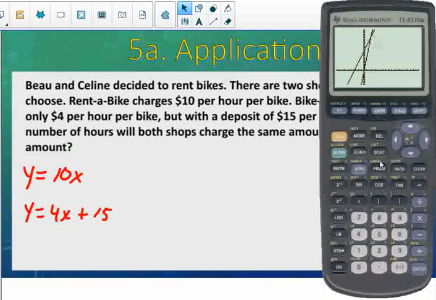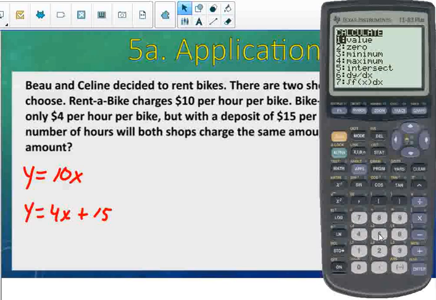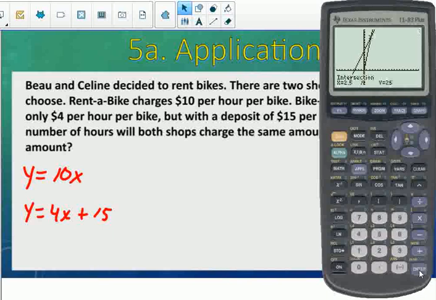There you can see where they cross. So hit second, hit trace, number 5. Enter once, hit enter a second time, hit enter a third time. And it tells you 2.5 equals 25.